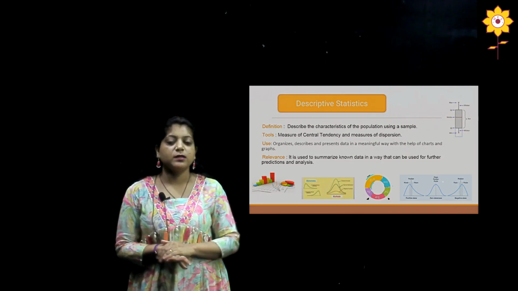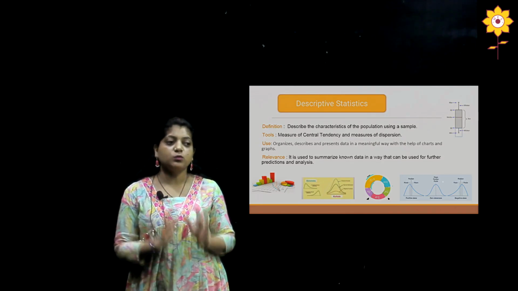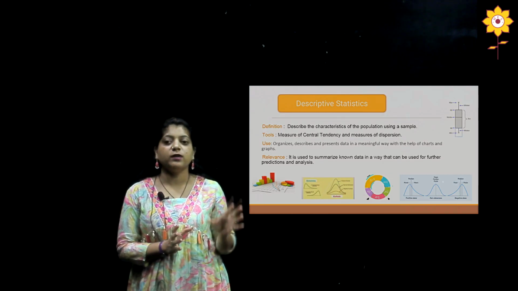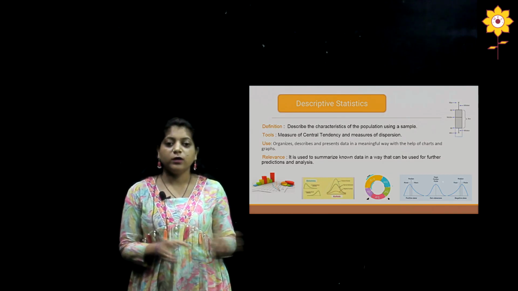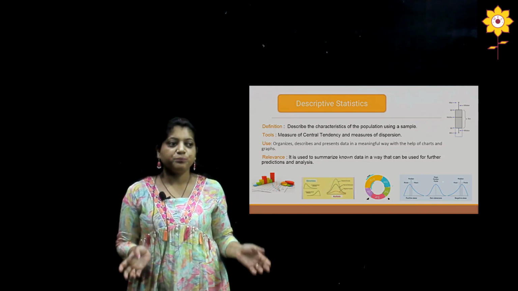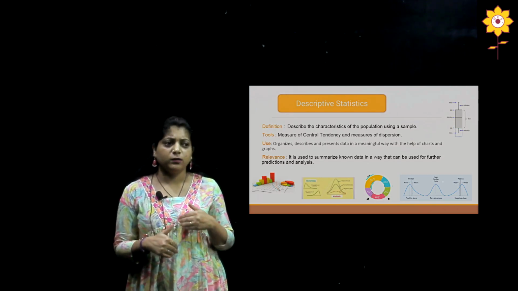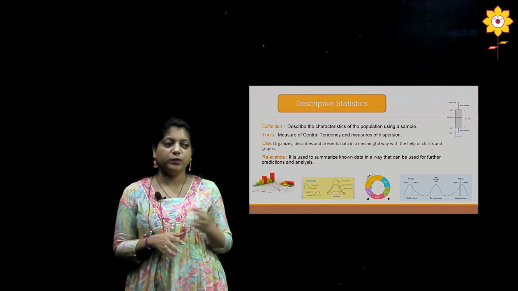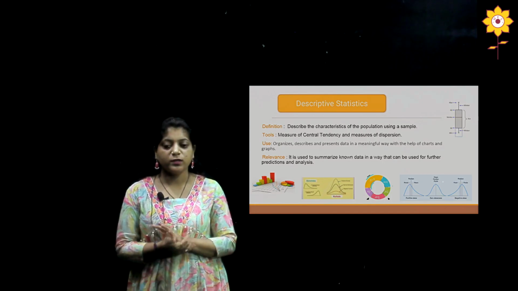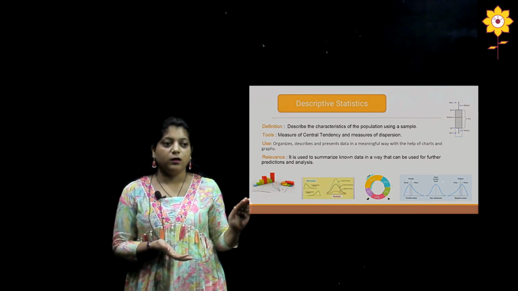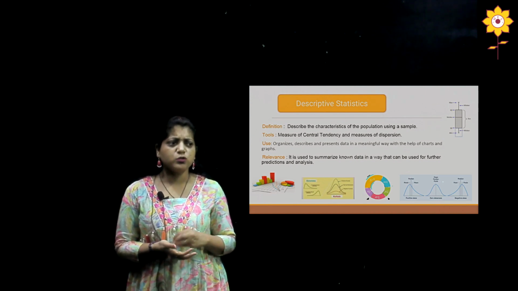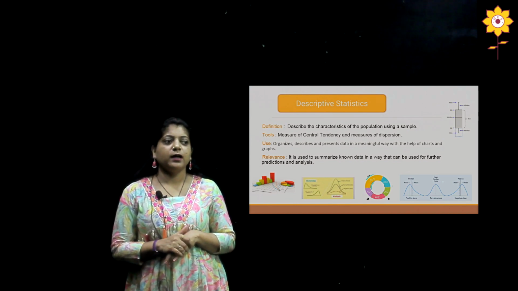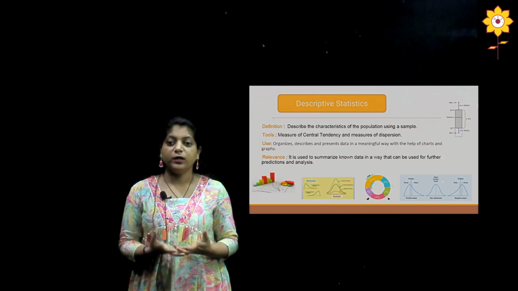As we saw in the previous slide, it works with a smaller amount of data, so it just uses a sample of your population. It is not working on the entire data set. Tools include measures of central tendency like mean, median, mode, and for dispersion, the range, standard deviation, quartiles and other things. It is used for organizing and describing the present data meaningfully.